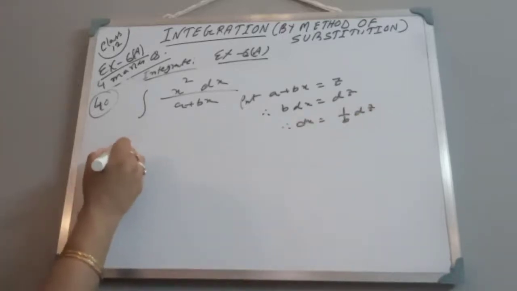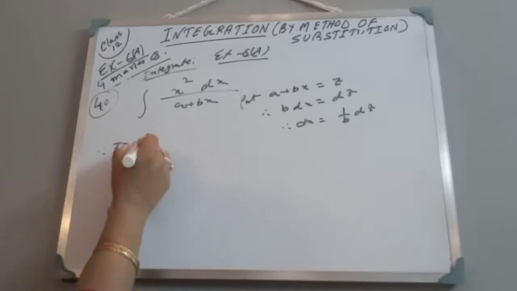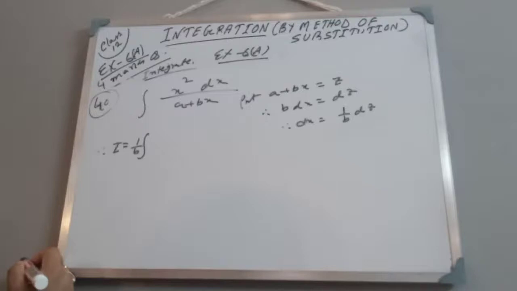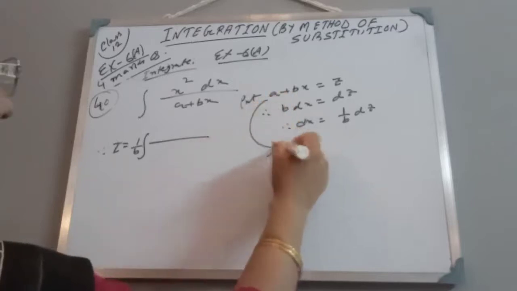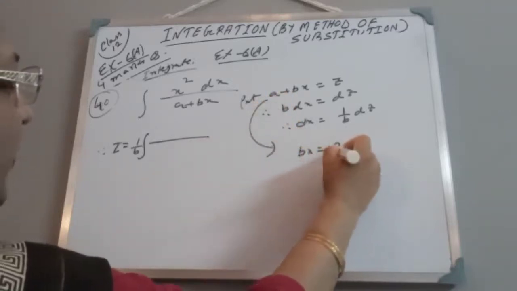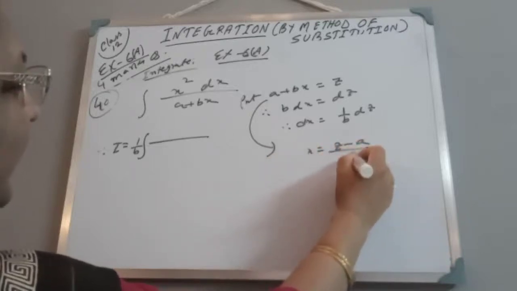Therefore I is equal to, what we will write? Dx is equal to 1 by b dz, so it's better to keep it here. And instead of x square what we will write? Bx is equal to z minus a, and x will be z minus a by b.